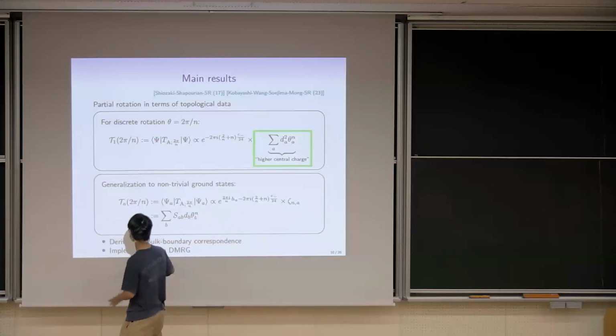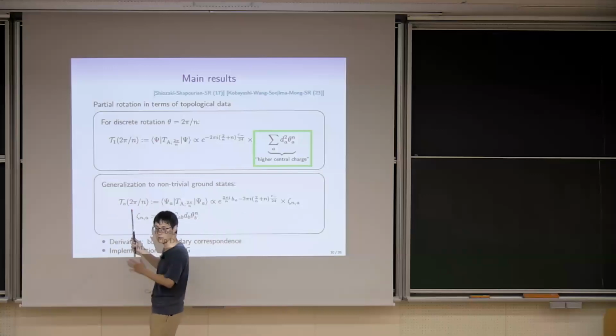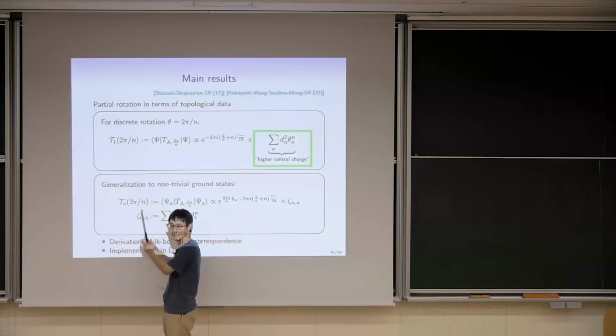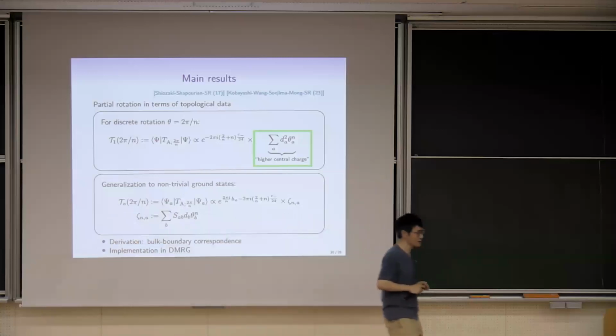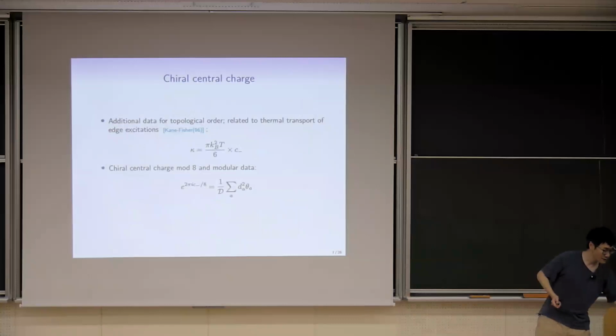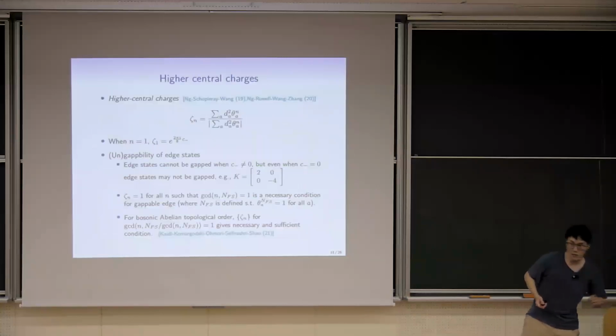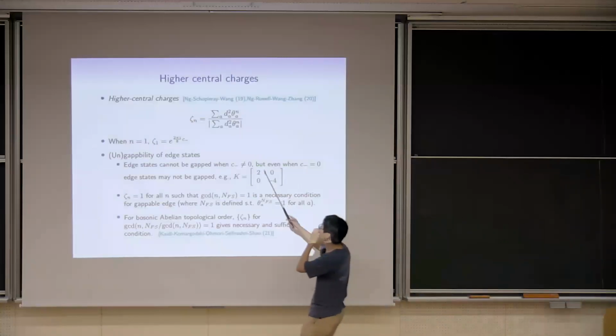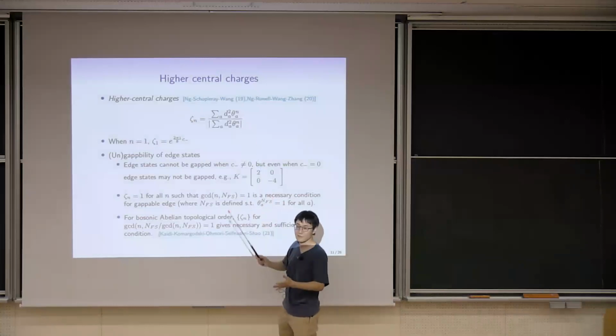From the perspective of the operation itself, certainly we don't have to limit to these discrete rotations. But first of all, in the very definition of higher central charge, n has to be just an integer.